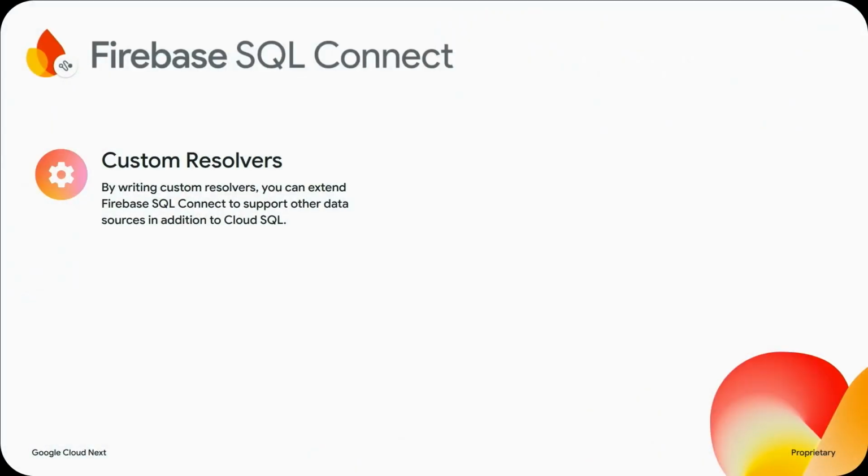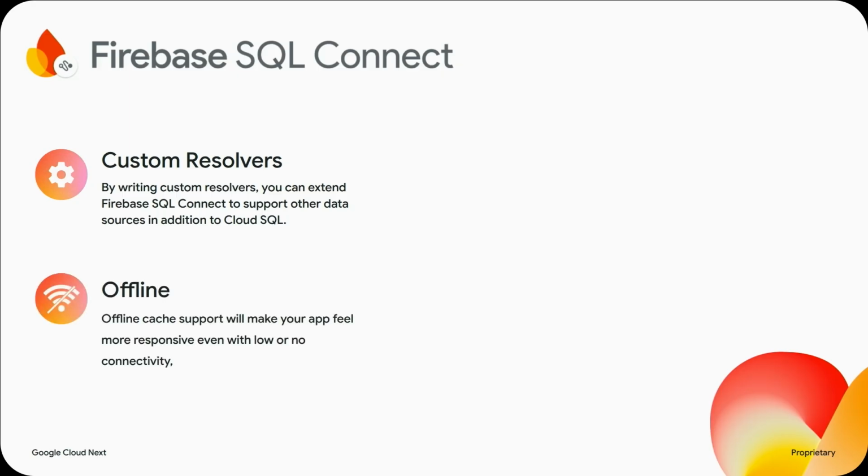Custom resolvers lets you expand Firebase SQL Connect into other data sources. What's more, it also gives you strongly typed SDKs and the same security for accessing that data. Offline. With offline cache, you make sure that your applications continue being responsive, even in situations where you have no connectivity or low connectivity.